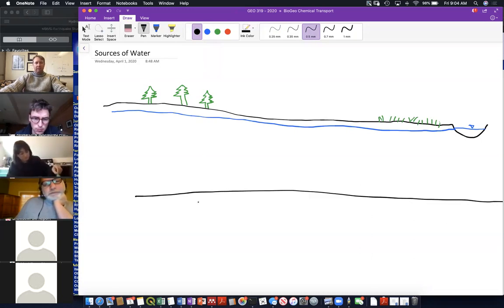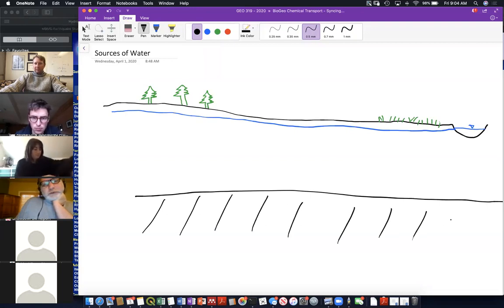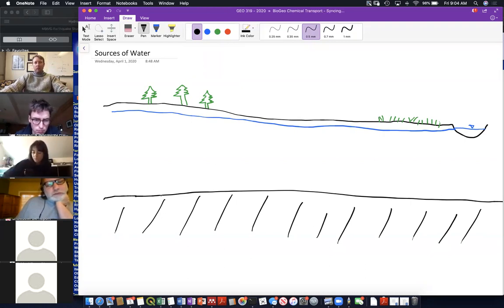We have this unweathered, impermeable bedrock. Doesn't exist until you get really, really deep, but for now we're going to keep it. And this is some zone where active circulation or groundwater circulation is really low.